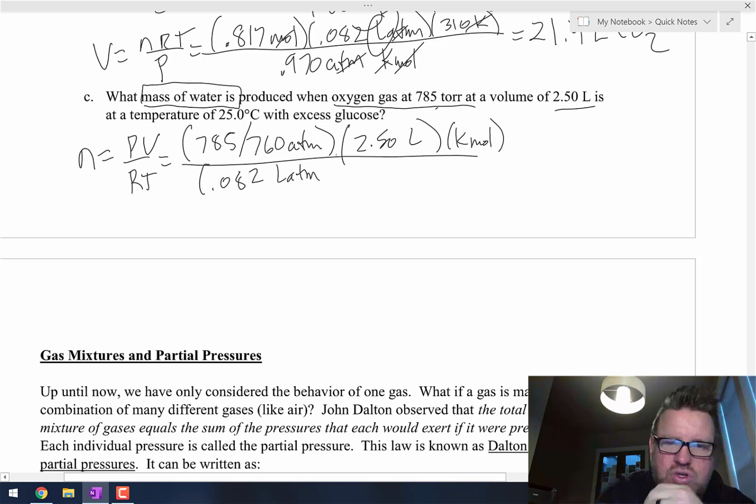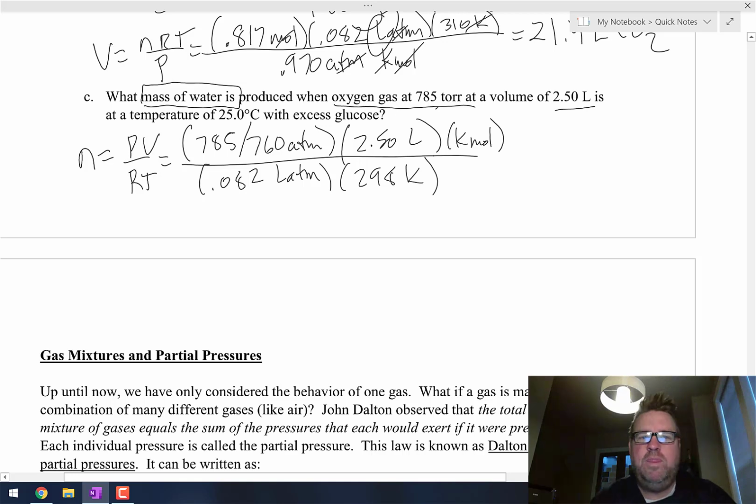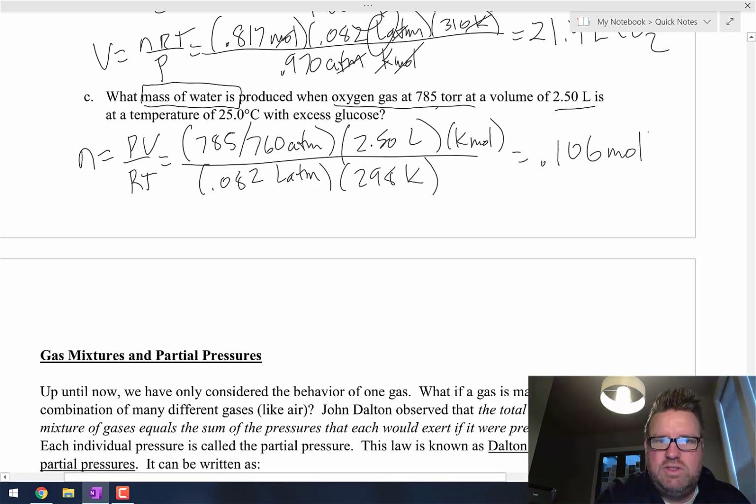And the temperature, 25 plus 273, is 298 Kelvin. Okay, so 785 divided by 760 times 2.5 divided by 0.082 divided by 298 equals 0.106 moles of, and again, we're talking about oxygen. So these are moles of oxygen.